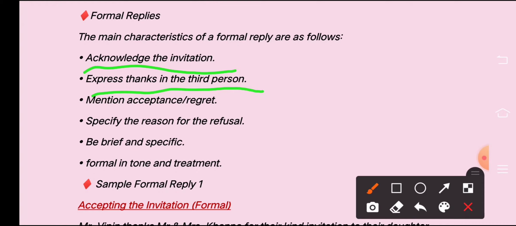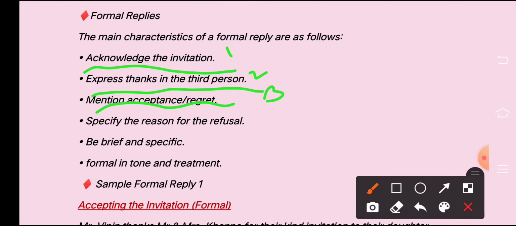Once again, first and second person you will not use in invitation writing. Then you mention the acceptance or the regret. So first you acknowledge the invitation, then express thanks for inviting you, and then mention the acceptance or the regret.